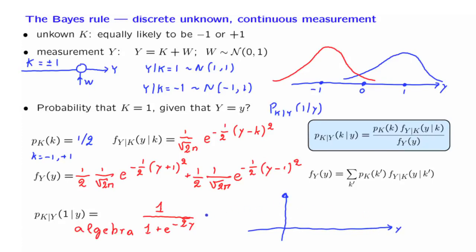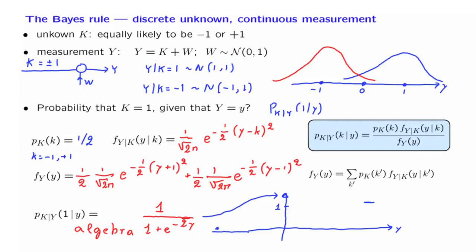So what we're plotting here is this expression. Okay, if y is very large, as y goes to +infinity, this term disappears and we obtain a 1. If on the other hand y is very, very negative, so y goes to -infinity, here we get e to the infinity, which is a very large number, so this ratio is going to converge to 0.